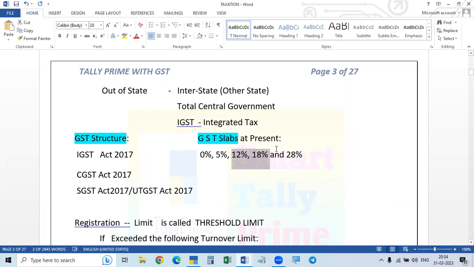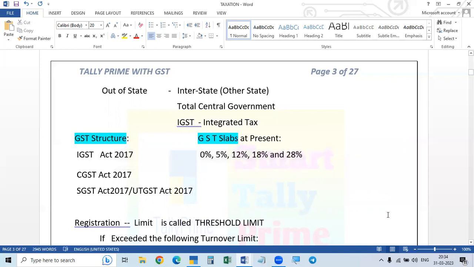Not essential at all, they are actually luxuries, like cars, mobiles, TVs and all this, that percentage will be 28%. So these are the 5 slab rates in the GST Act.